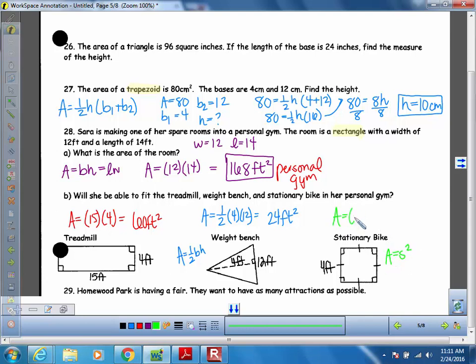So that would be 4 squared. Our area for that would be 16 feet squared. So now we would want to add all three of these up. And when we do 60 plus 24 is 84 plus 16, that would give us 100 feet squared. So that is less than 168 feet squared, so this would be a yes.